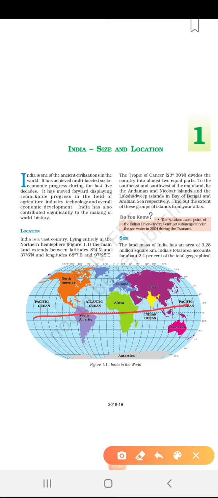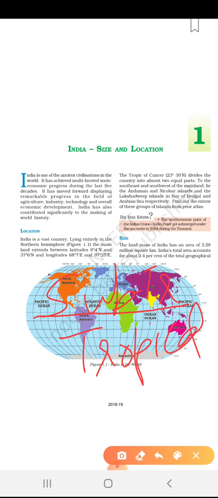The part below the Tropic of Cancer is called tropical, and the part above the Tropic of Cancer is called subtropical. This you should remember.